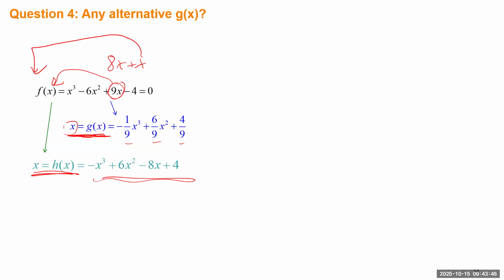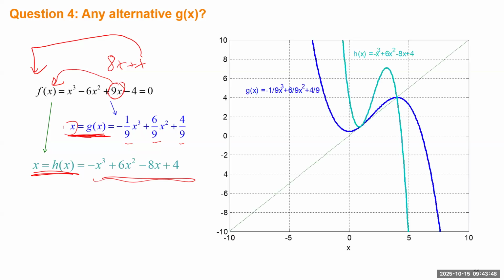Let's see what happened. The blue curve is the original one we used, and this green curve is the new alternative formula. It's still third-order nonlinear. But you see the shape of the curve has become narrow. It's like it is pushed from both sides to make it shrink. So the domain of attraction also changed. The green and red regions indicate the domains of attraction of the original formula.